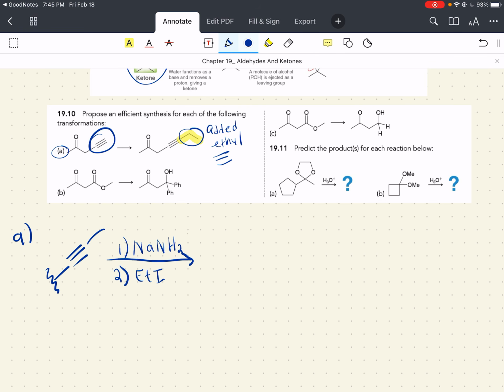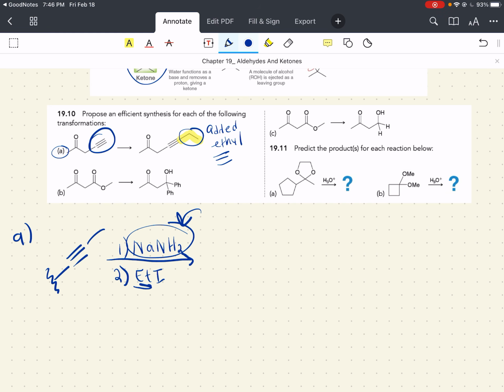So sodium amide, this alkanide ion, followed by whatever group you want to add. And we want to add an ethyl group. Fantastic. That's cool. We know that we can do that.